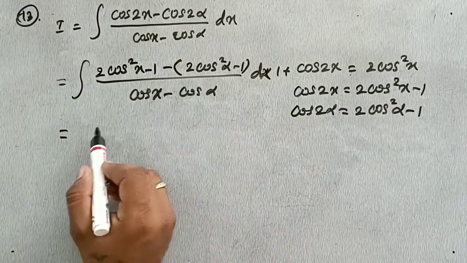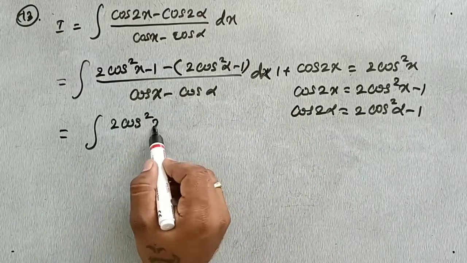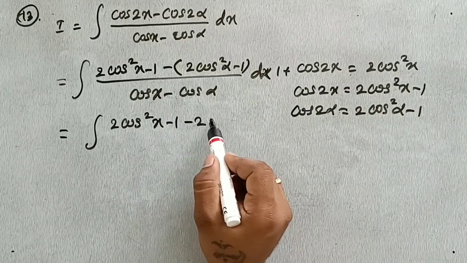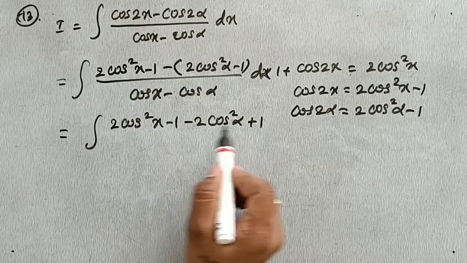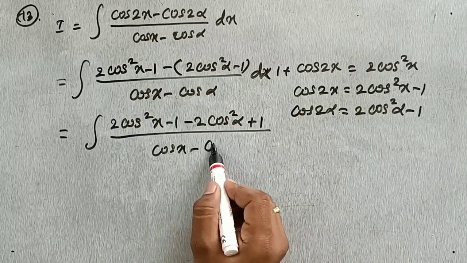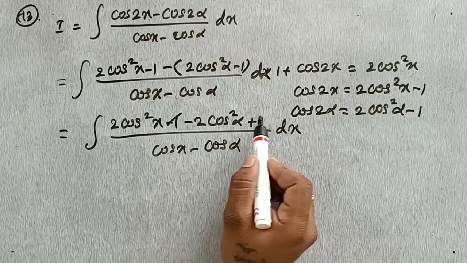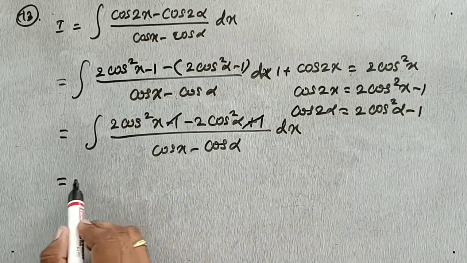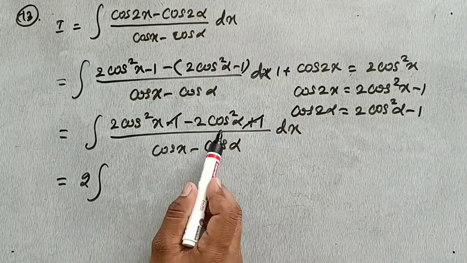Now we can multiply this minus inside, so the numerator will be 2 cos square x minus 1 minus 2 cos square alpha plus 1 divided by cos x minus cos alpha dx. So minus 1 plus 1 cancel, this 2 will be taken outside, remaining it will be cos square x minus cos square alpha.